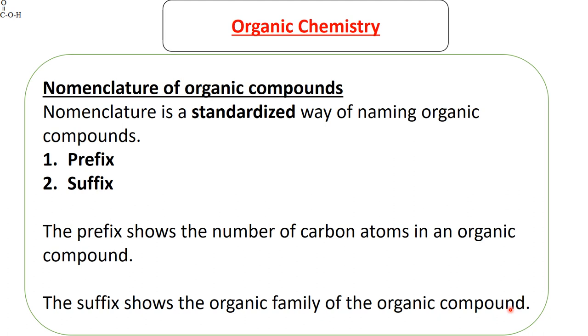The suffix shows you the family it belongs to. The prefix shows you the number of carbon atoms. It's like the suffix is more like the surname, which shows the family. Well, the prefix is like the first name, though it doesn't show the number of carbon atoms, but the prefix shows the number of carbon atoms, unlike the first name of people.